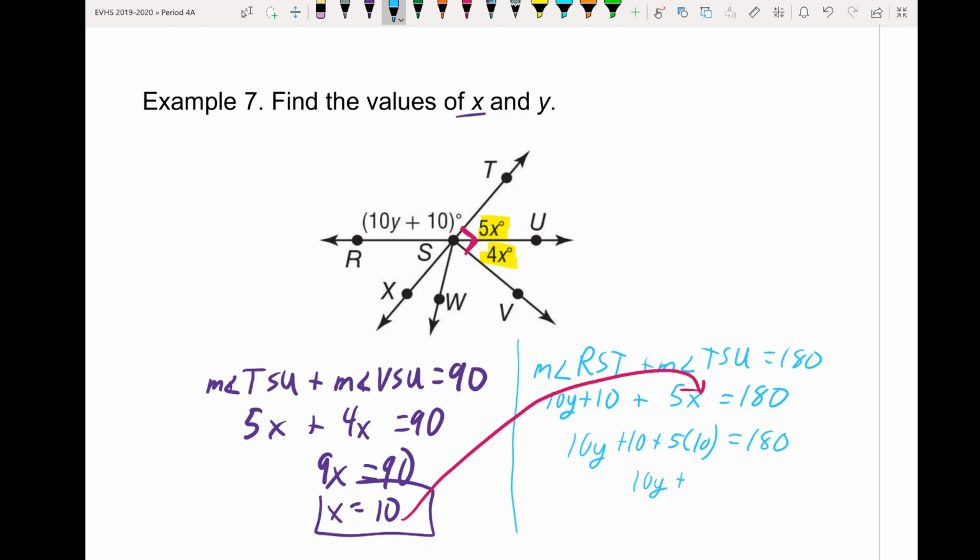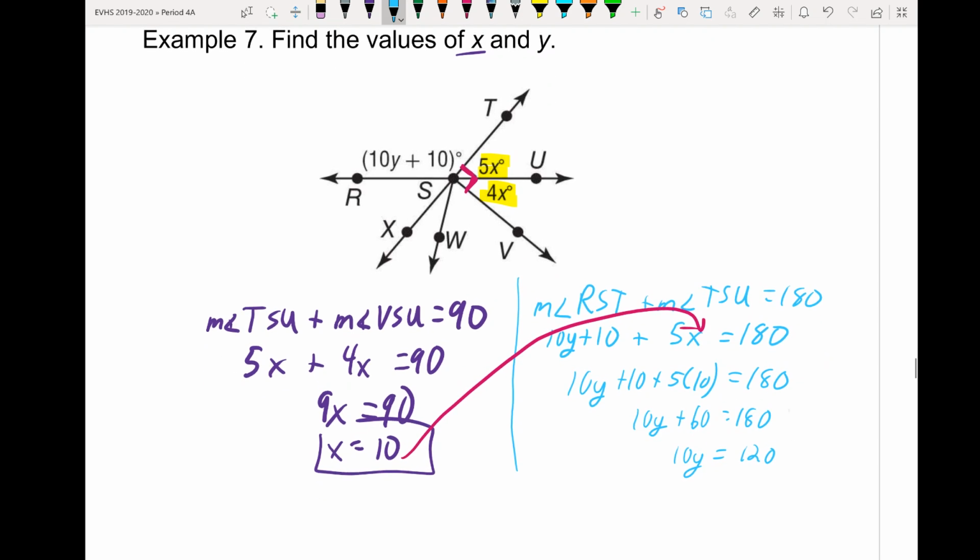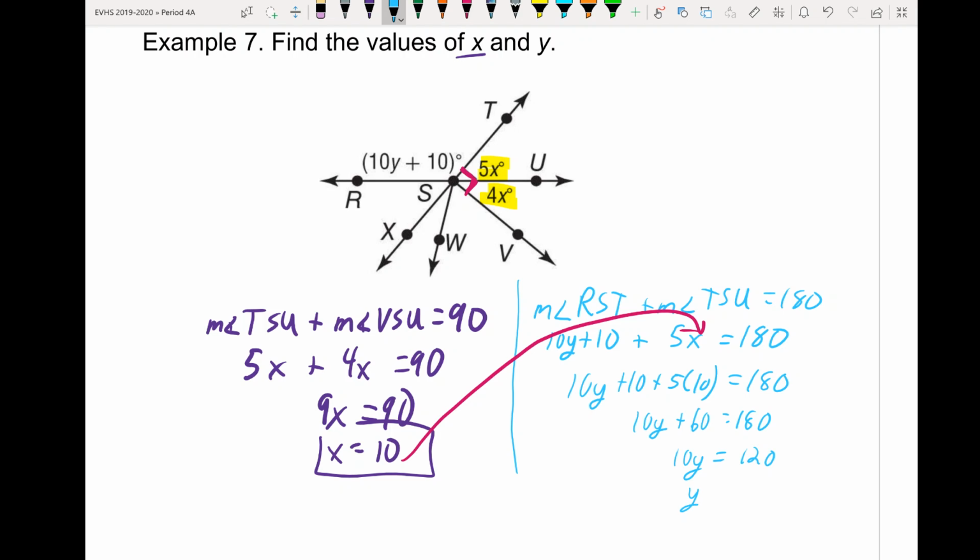So that gives me 10y. Let's see, 5 times 10 is 50 plus 10 is 60. Subtract off my 60 gives me 10y equals 120. And therefore y equals 12.